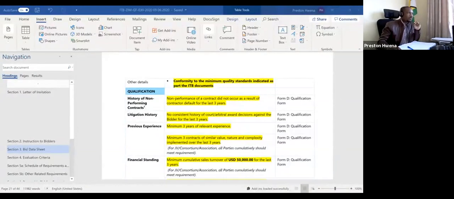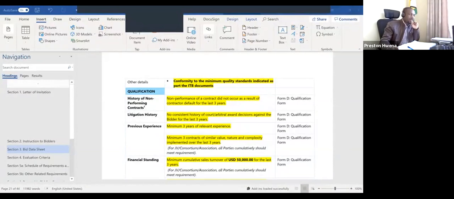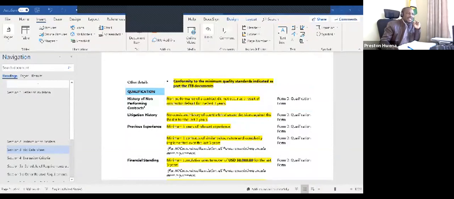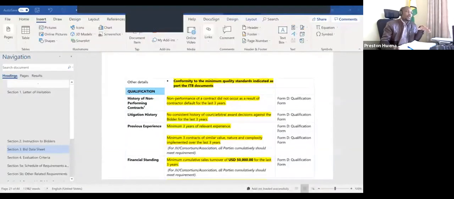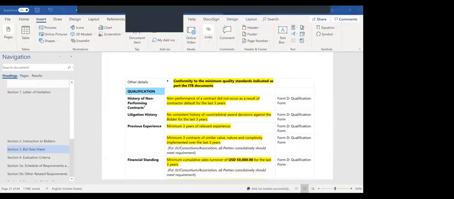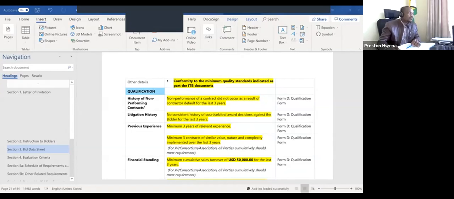And when we talk of joint ventures, we are saying where there is a joint venture, a consortium, or an association where 2 or more bidders come together, all parties cumulatively should meet the requirements, which is the minimum requirements that we have set.